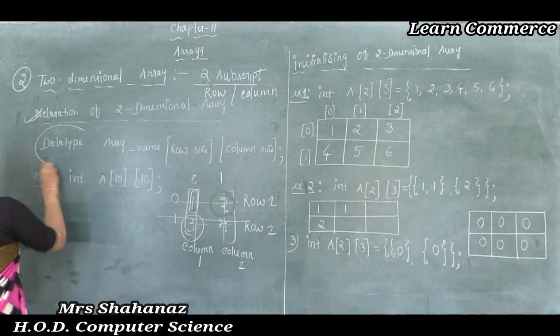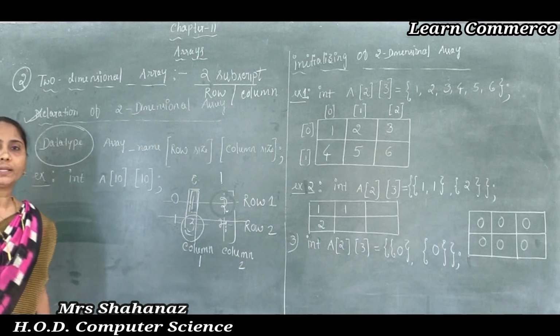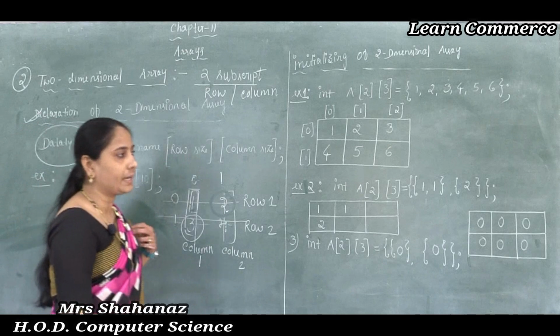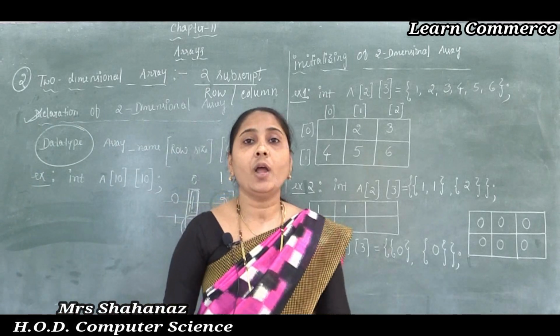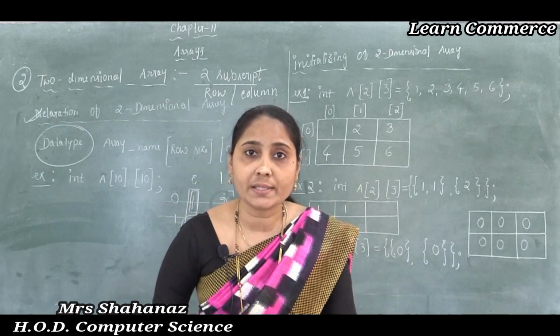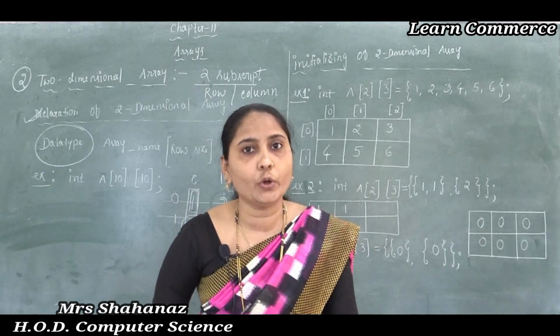Now first of all, the data type. What kind of data type can we take in our arrays? Here the data type specifies the type of the element to be stored.